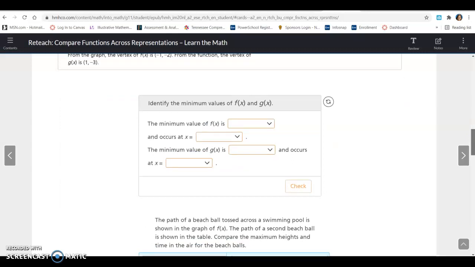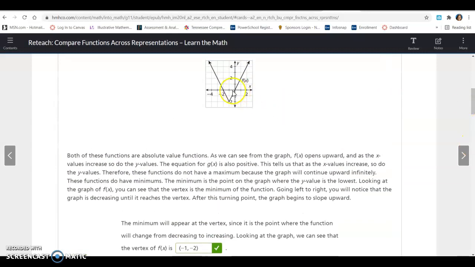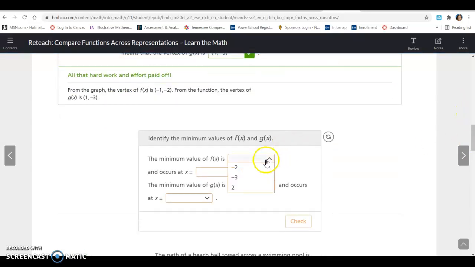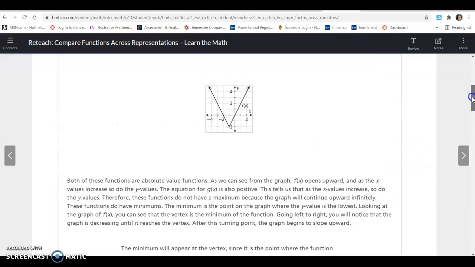It says identify the minimum values of f of x and g of x. The minimum value of f of x would be at the vertex, so (-1, -2). The minimum value comes from your y value, because remember your y is your vertical axis.